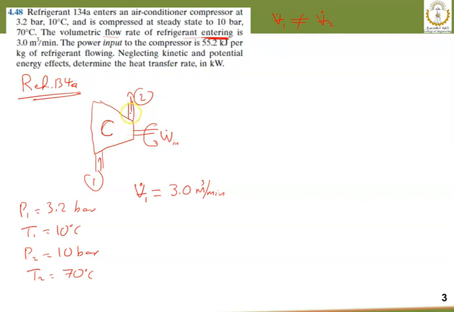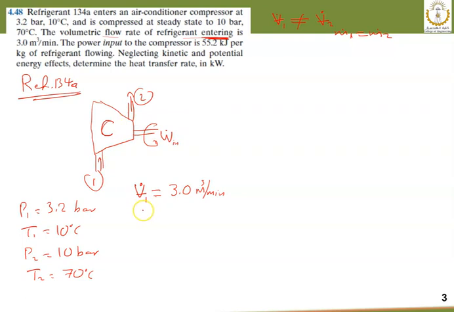Therefore, the density will change, and therefore the volumetric flow rate will be different. Of course, the mass flow rate m dot 1 will equal m dot 2, because it has only one inlet and one outlet, so the mass flow rate should be the same.